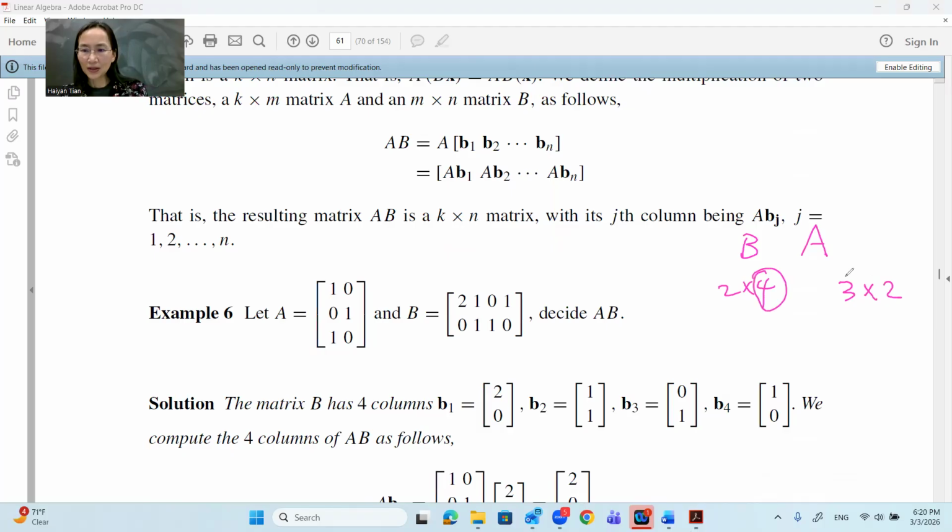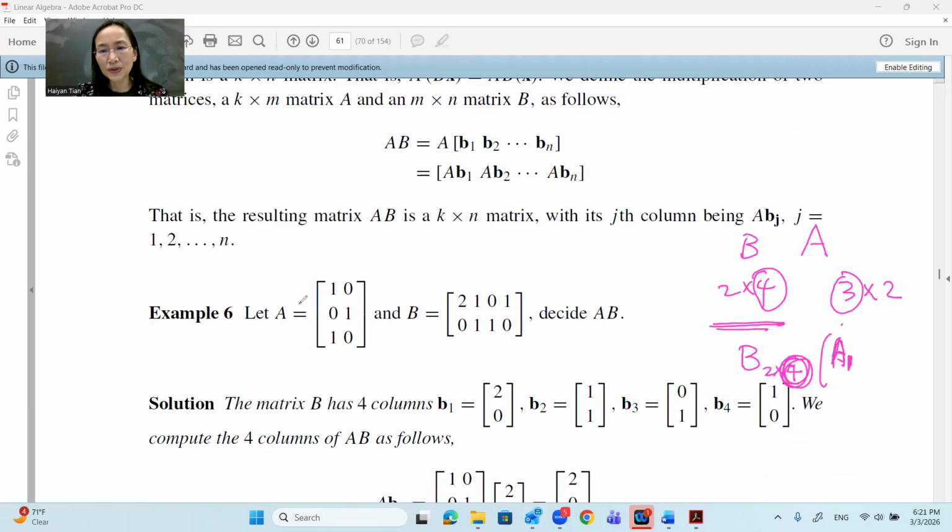These two numbers are not the same. Each B is a 2 by 4 matrix. But if I take the first column of A, it will have 3 entries, right? Let's call it A1, with 3 entries. That does not match the number of columns of B.